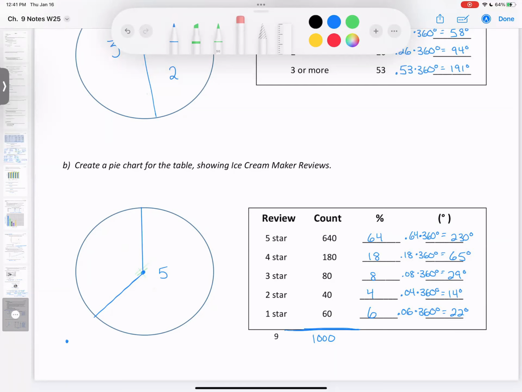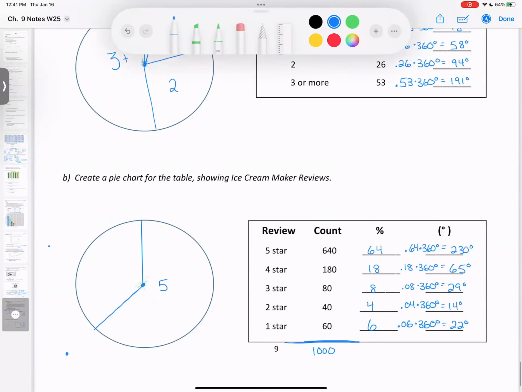Okay, next up we have 4-star, which was 65 degrees. So moving on from the most recent line we just drew, we're going to measure 65 degrees. Which puts me here, and that's the 4-star reviews.